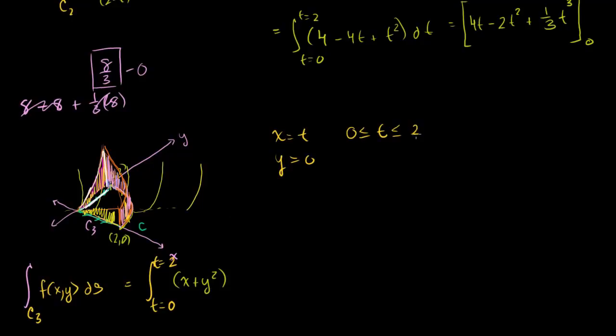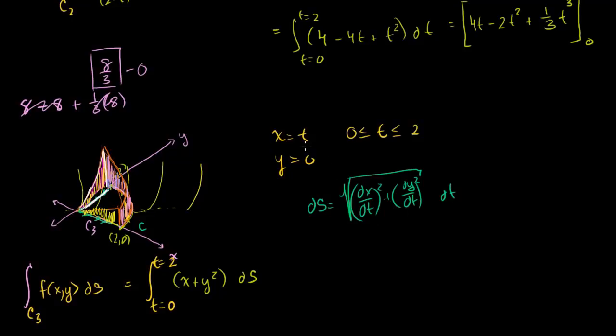Now, let me write ds right here. That's what we're dealing with. Now, we know what ds is. ds is equal to the square root of dx/dt squared plus dy/dt squared times dt. We proved that in the first video, or we didn't rigorously prove it, but we got the sense of why this is true.